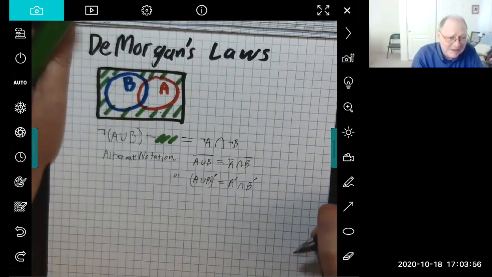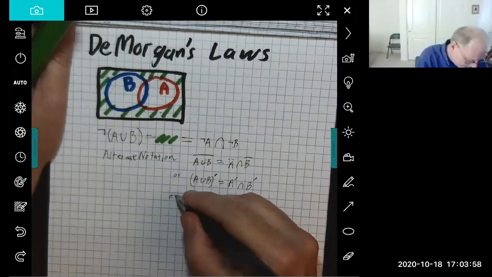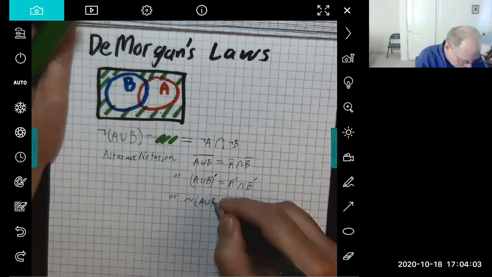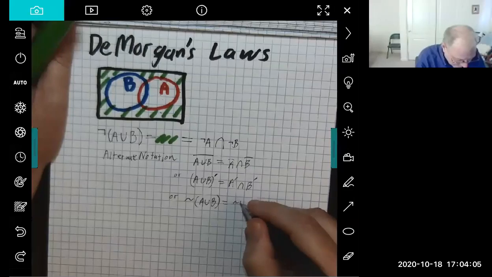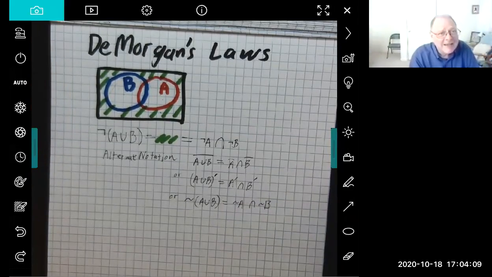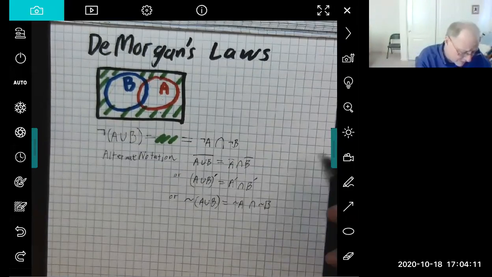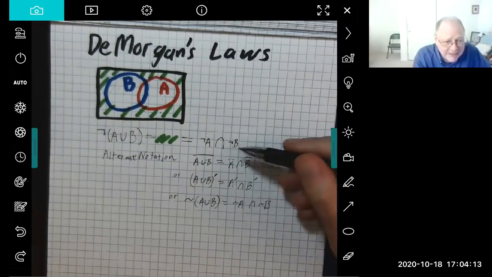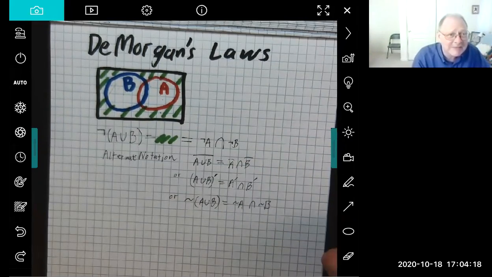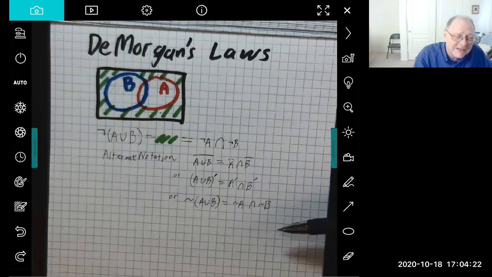Or some of them would use a tilde. That's just really frustrating. In the workbook, I'm going to write it this way. I forget what your textbook does. I think they're using the little tilde thing. But anyway, it's usually clear from the meaning, but you've got to read the words and see how they set it up.